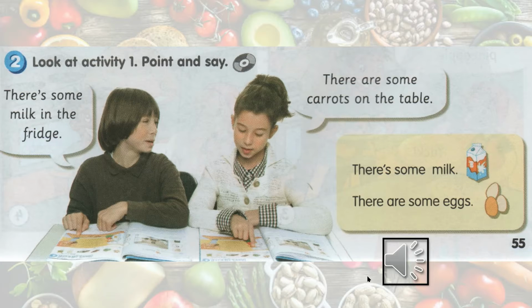Alright, repeat after me. There's some milk. There are some eggs. You must be wondering, why is the word some being used in both sentences? Some is very special. You can use some for singular noun, or plural noun, or uncountable noun.